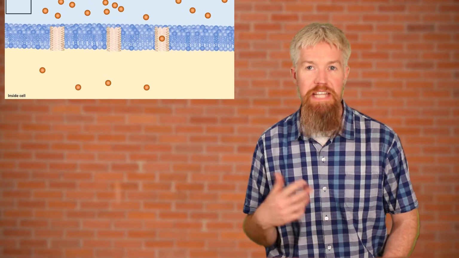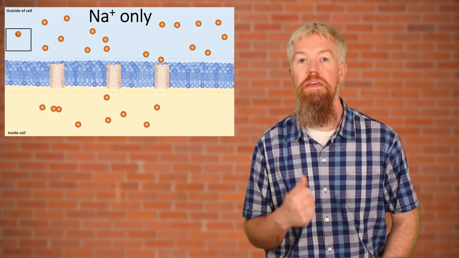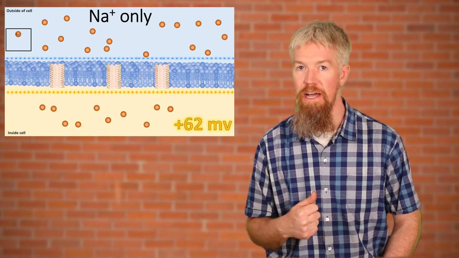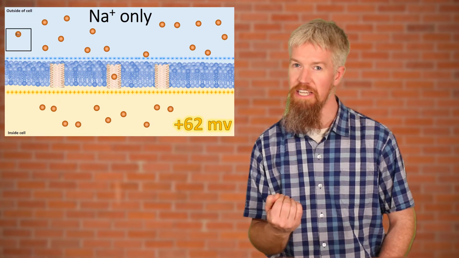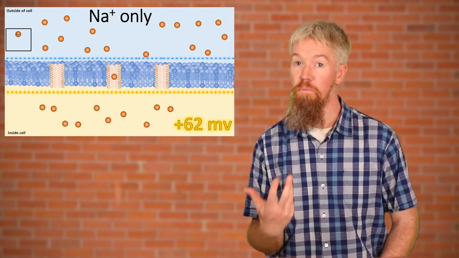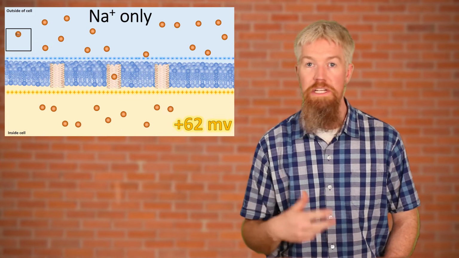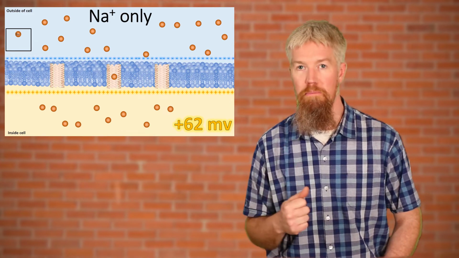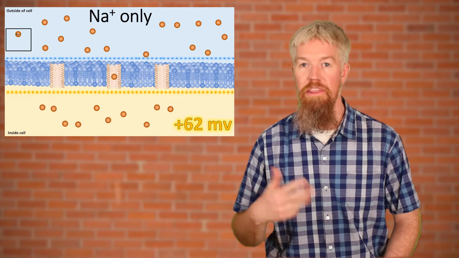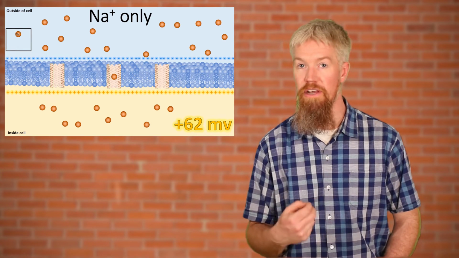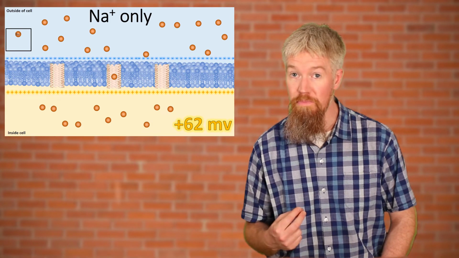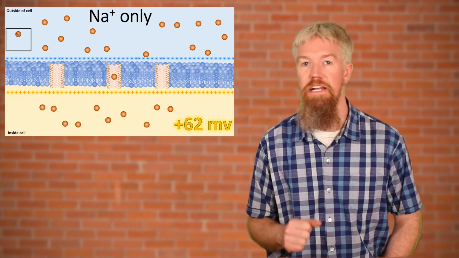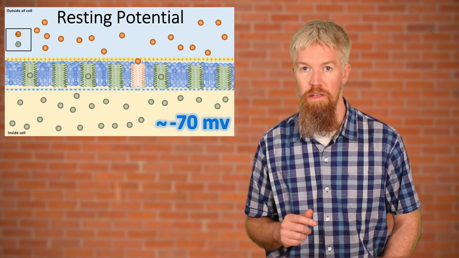We can see the same thing happen with sodium ions, in which sodium ions move from outside the cell into the cell, but bring with them a charge. Once that charge reaches positive 62, you will have no further net movement of ions across the membrane, at least not of sodium.